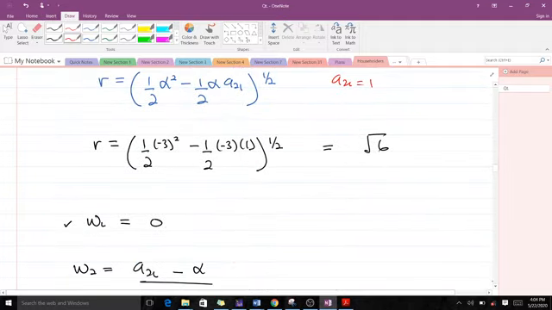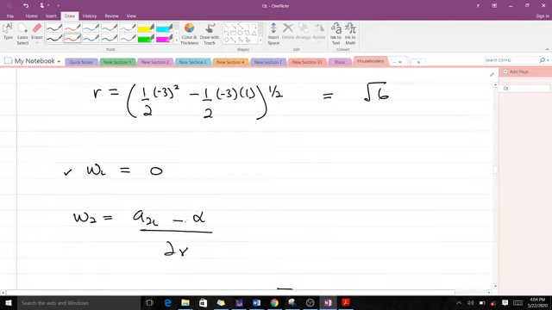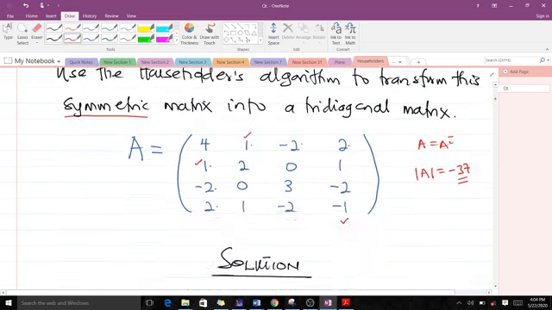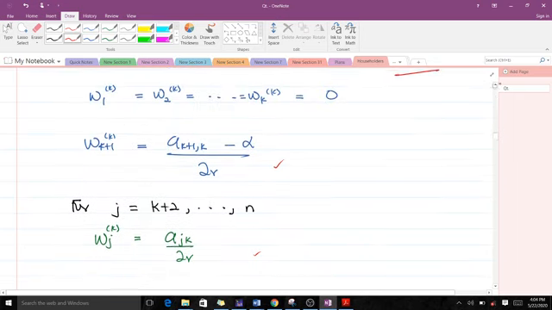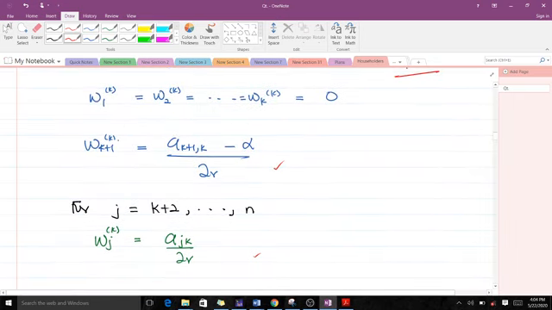Then our w2 will be equal to A21 minus alpha over 2r. So from the algorithm, we are referring to the algorithm. Remember we said w(k+1) is equal to what we have here. Since you are doing the first iteration, our k is 1. So that means that w(1+1), which is w2, is equal to a(k+1)k minus alpha over 2r, so a21 minus alpha over 2r.